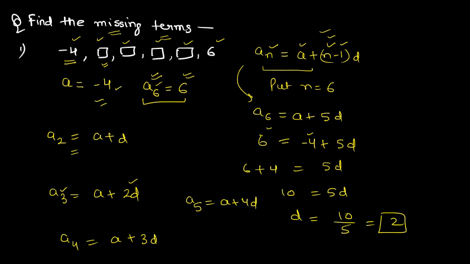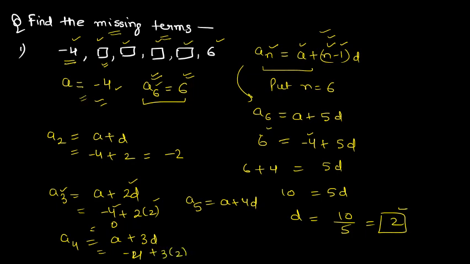A is what? Minus 4. D is what? 2. Minus 4 plus 2 is minus 2. Then for the third term, A is minus 4 plus 2 times D, which is 2. Minus 4 plus 4, that is 0. Then your A4 will be A plus 3D.